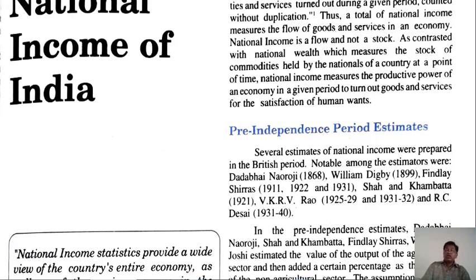Notable among the estimators were Dadabhai Naoroji, 1868, William Digby, 1899, Findlay Shirras, 1911, 1922, and 1931, Shah and Khambata, 1921, V.K.R.V. Rao, 1925 to 29, and 1931 to 32. And the last, R.C. Desai, 1931 to 40.